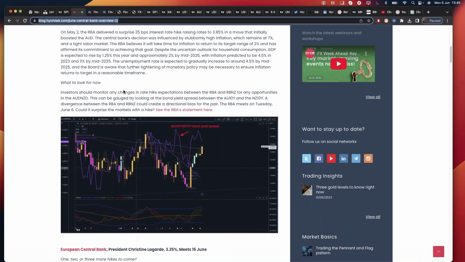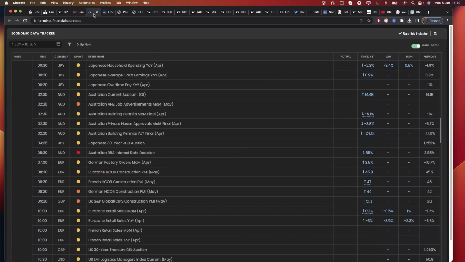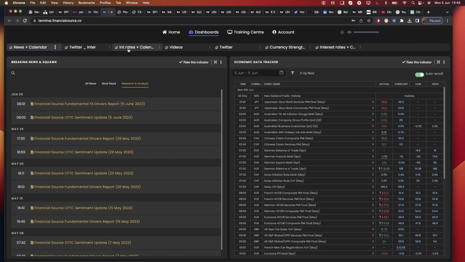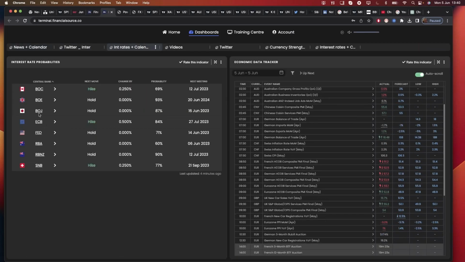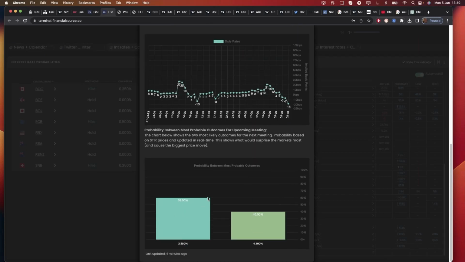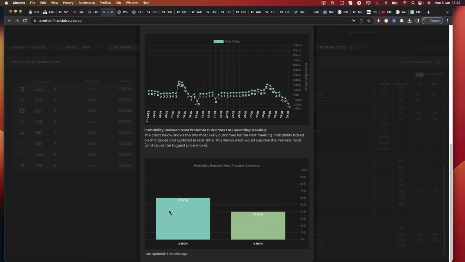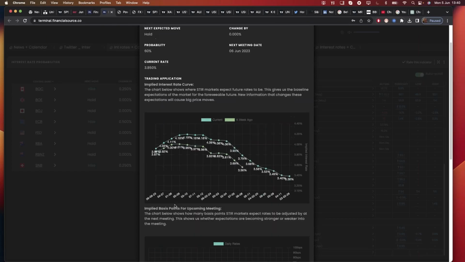So what we need to look for now is, what are the RBA going to do? Now, this is what they're expected to do, right? Short-term interest rate markets are saying we're expecting the Reserve Bank of Australia to hold rates, 60% chance, right?